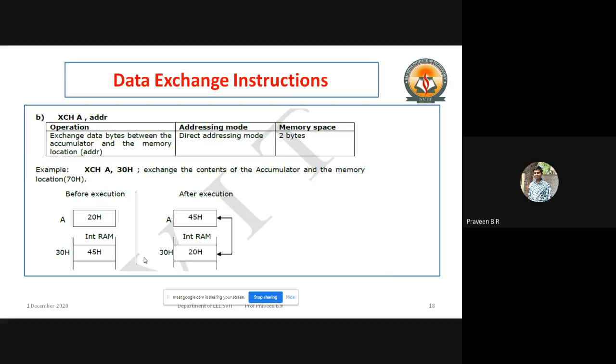It is going to move the data from 30H memory location to the accumulator and from the accumulator to 30H. So it is bidirectional. Data transfer instructions are unidirectional and data exchange instructions are bidirectional.